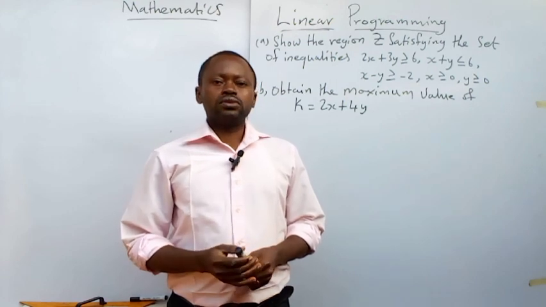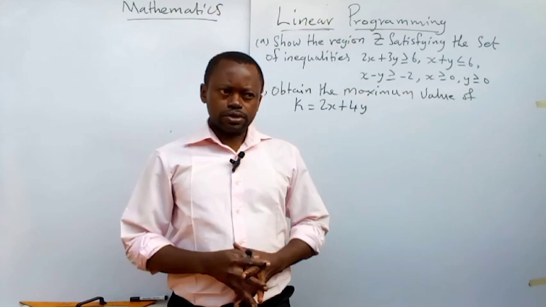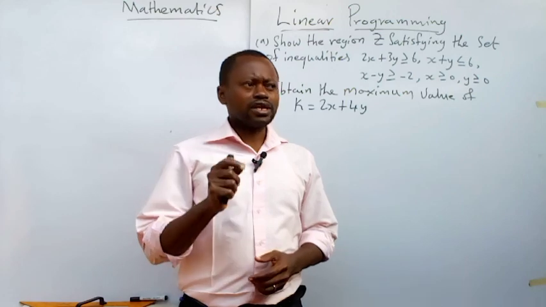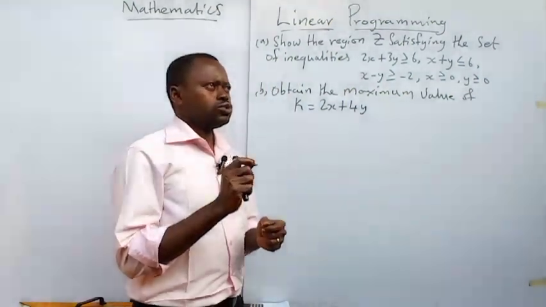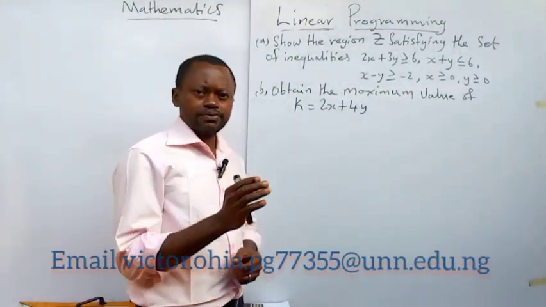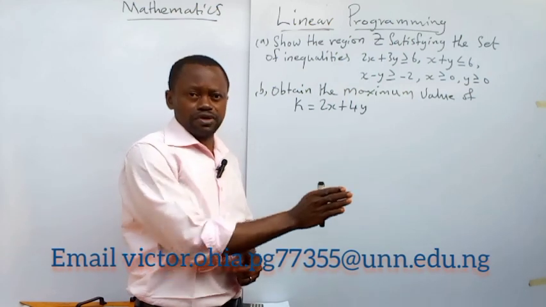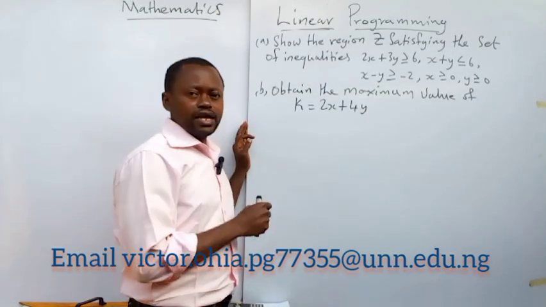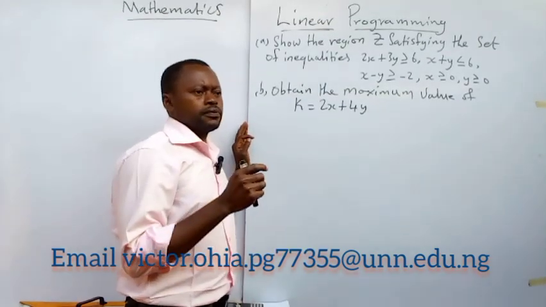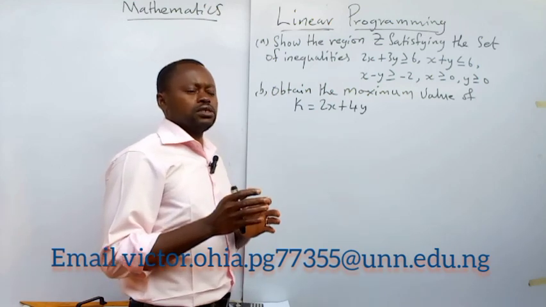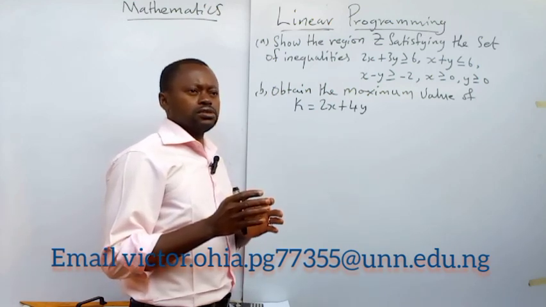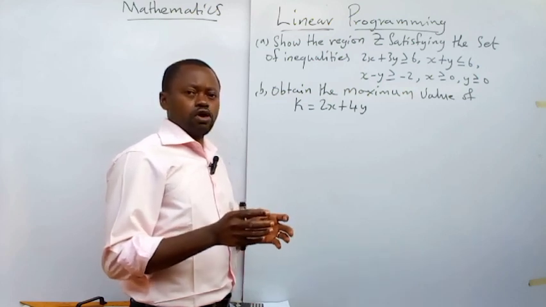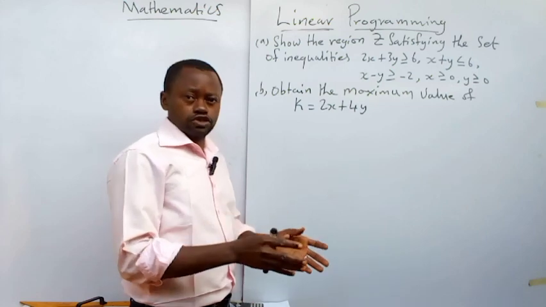Having looked at inequality in two variables, we saw that we can use graphical methods to show the area that satisfies the solution of a given set of inequalities. What that led us to is what we call linear programming, because we realize that we can use the graph of inequalities to obtain maximum or minimum values of an objective function.